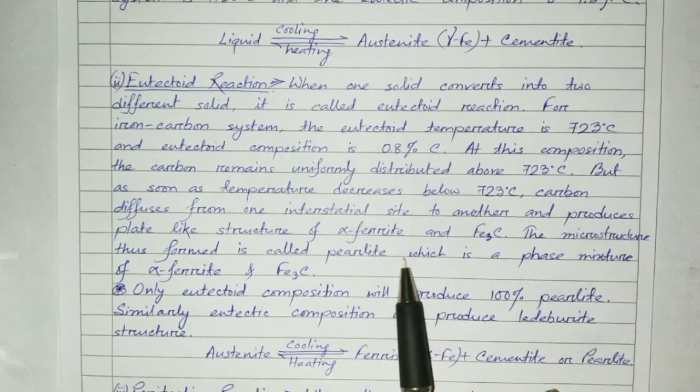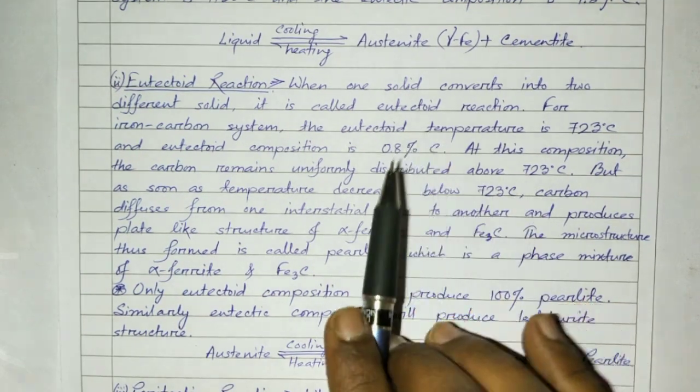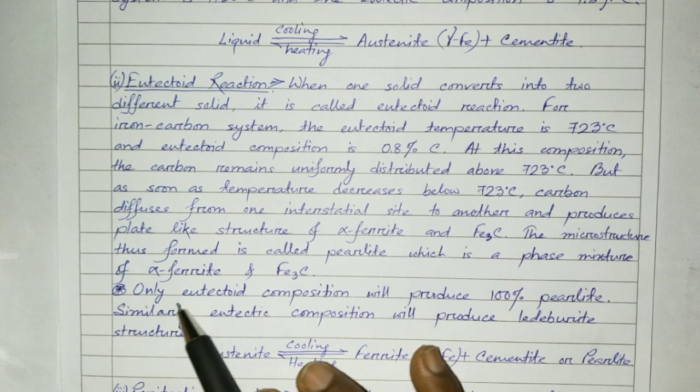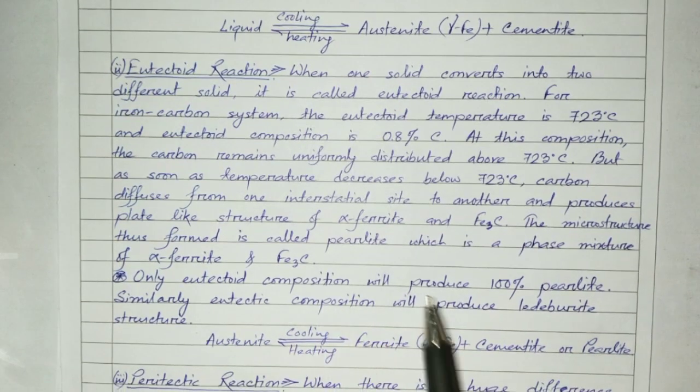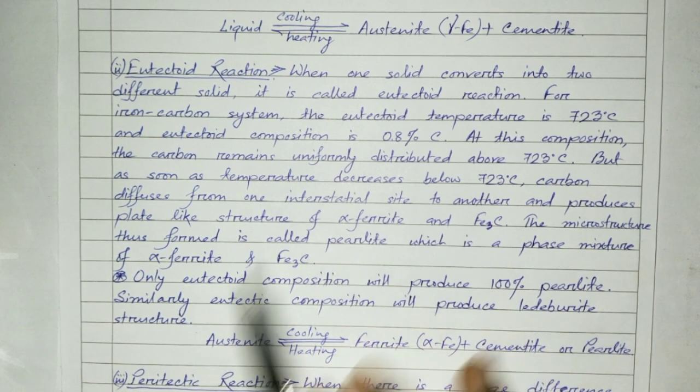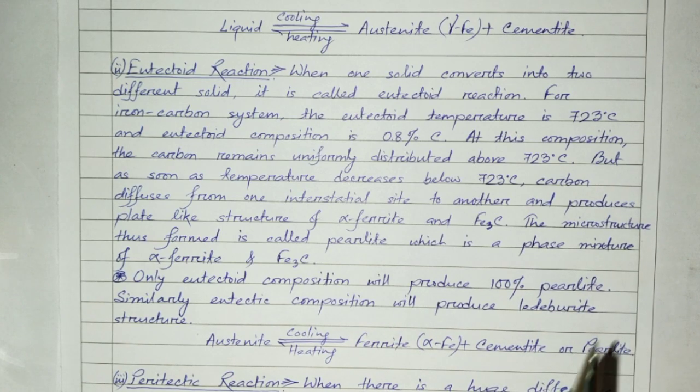This pearlite is generally formed at the eutectoid composition only. In a similar manner, the eutectic composition will produce only ledeburite structure. The eutectoid reaction is austenite on cooling gives ferrite and cementite, together called pearlite.